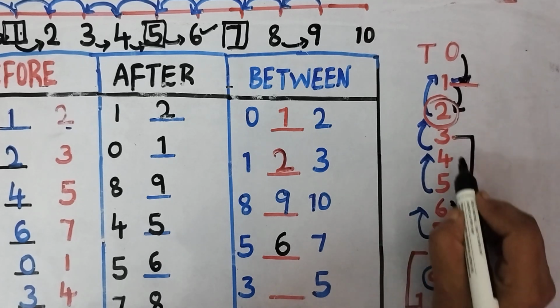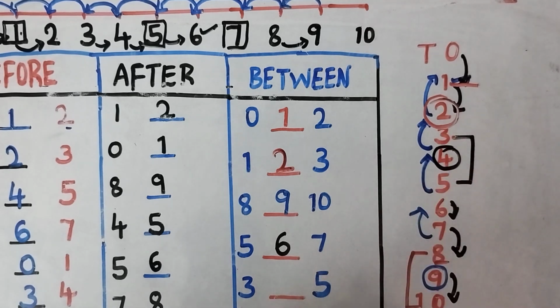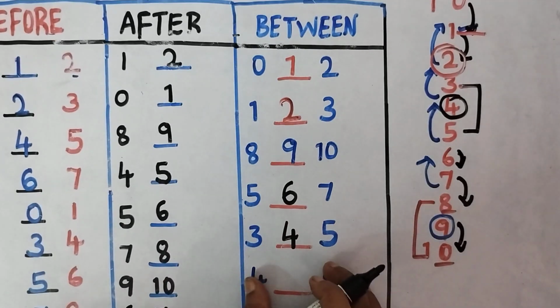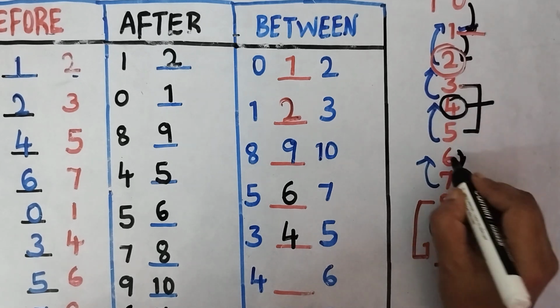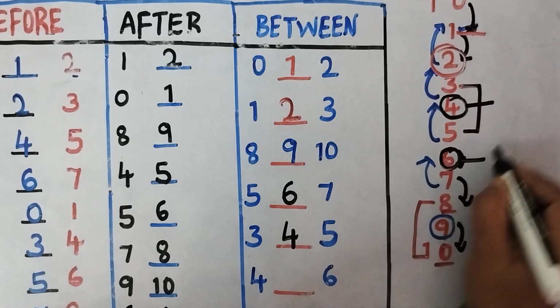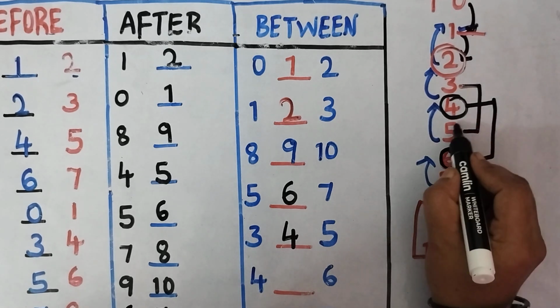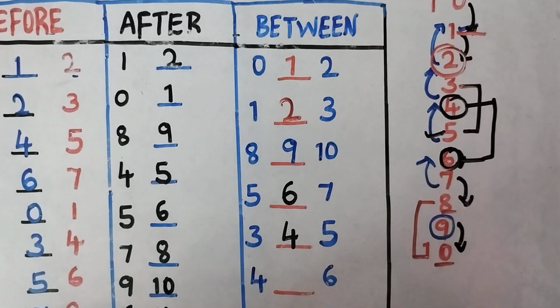Between 3 and 5 what comes? That is number 4. Next, between 4 and 6. Here is the number 4 and here is the number 6. Between 4 and 6, that is number 5.